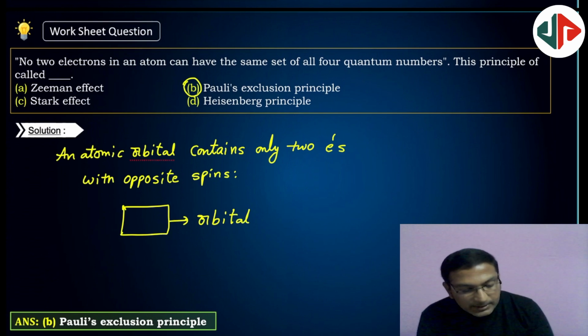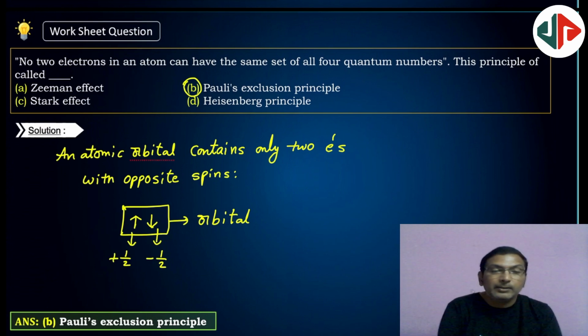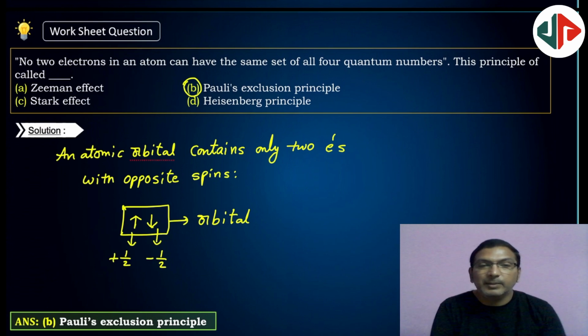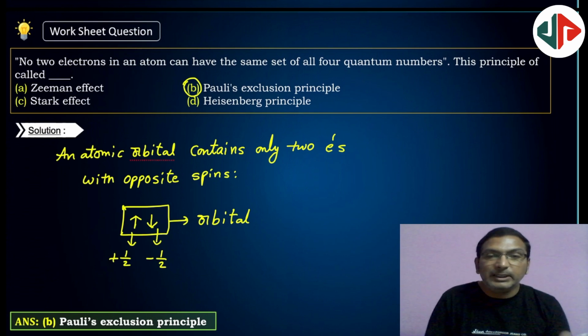Maximum capacity of each orbital will be 2. So for this electron plus half and for this electron minus half. You can take any atomic orbital can accommodate a maximum of 2 electrons with opposite spins. That is the conclusion given by Pauli's exclusion. Exclusion means here only. An atomic orbital can accommodate a maximum of only 2 electrons with opposite spins.